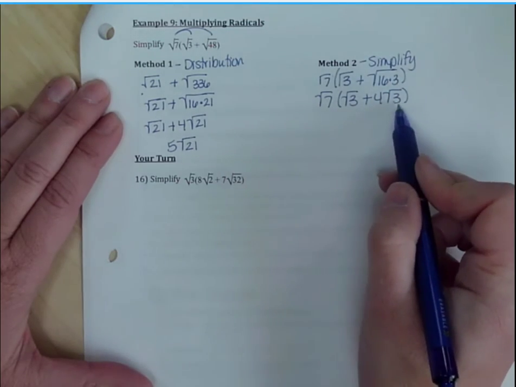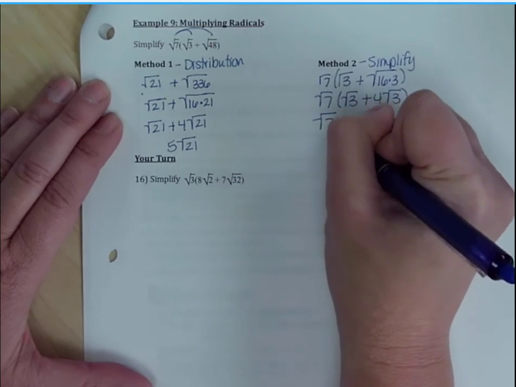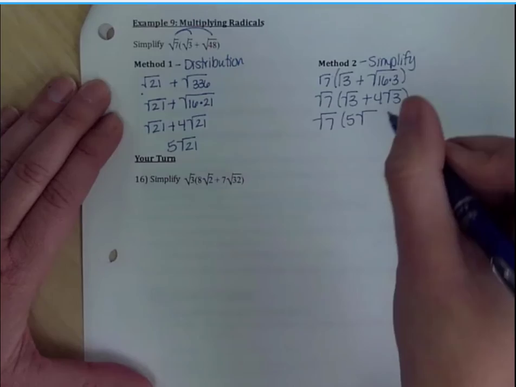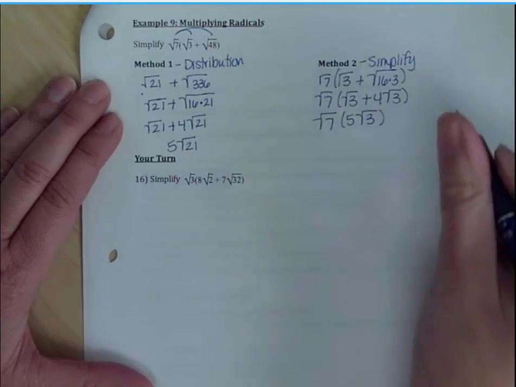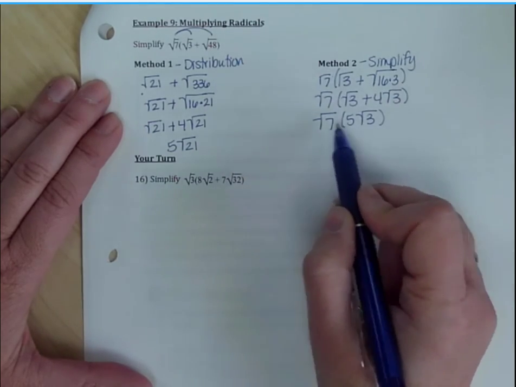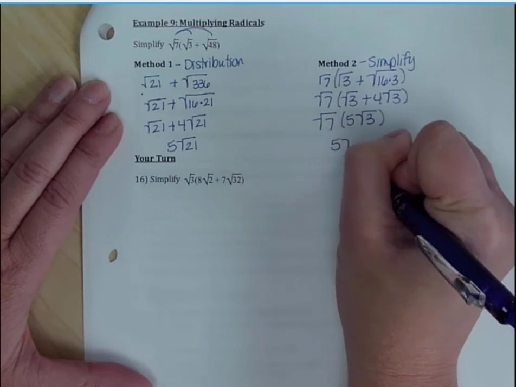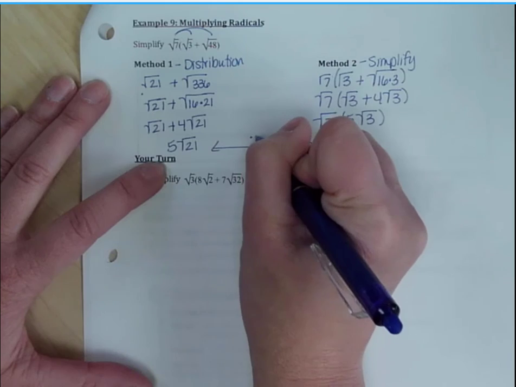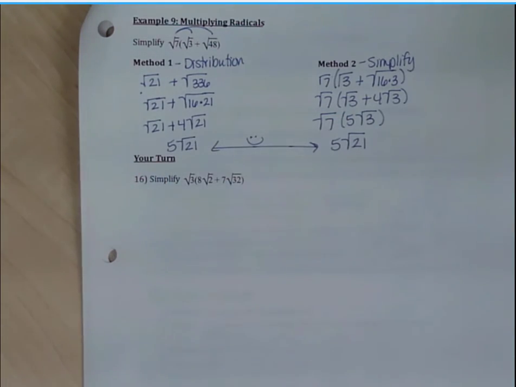Okay, so now I have common radicands here. So I have square root of 7 times the 5 square root of 3. So now multiply my radicands here. 5 times the square root of 21. And if you notice, in both cases, I ended up with the same answer.